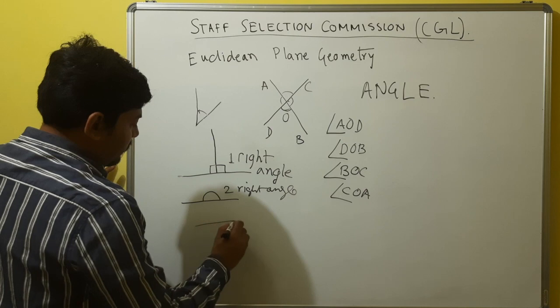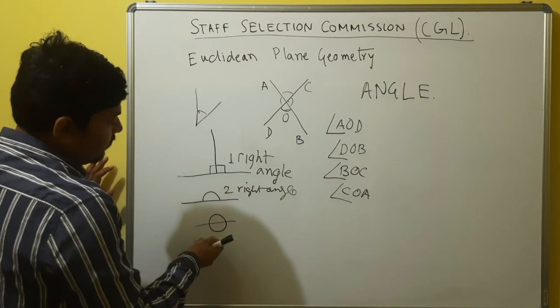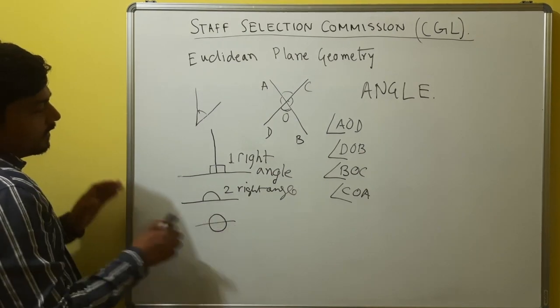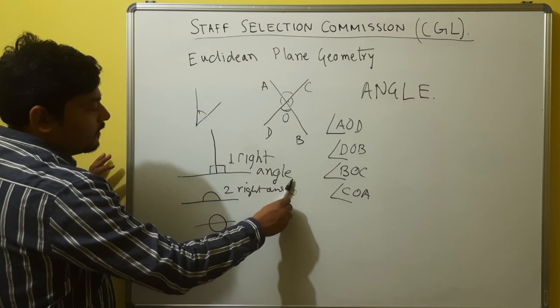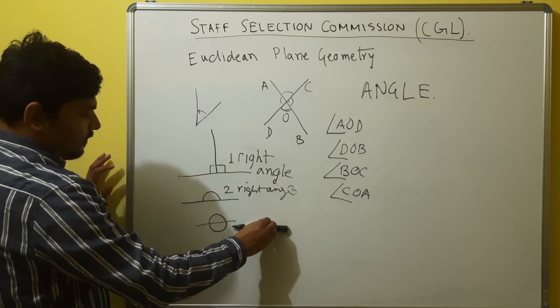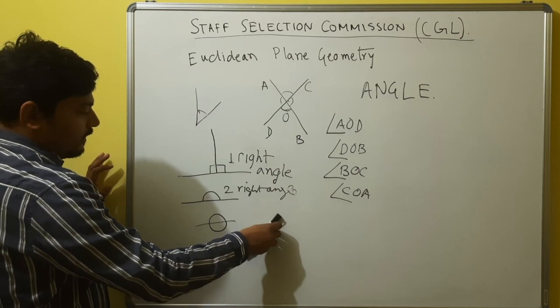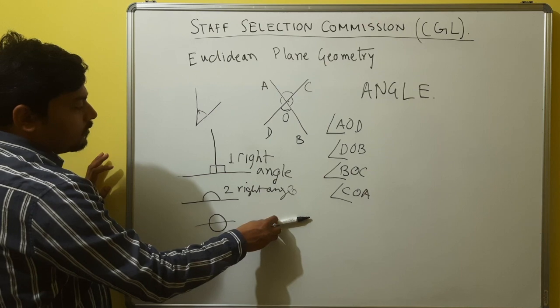And if it is a full circle, we started at a point and came back to the same point. Let's say it was a pen. It takes this turn, one right angle, this turn two right angles. It takes this much turn, three right angles, and it completely turns back to its original position.